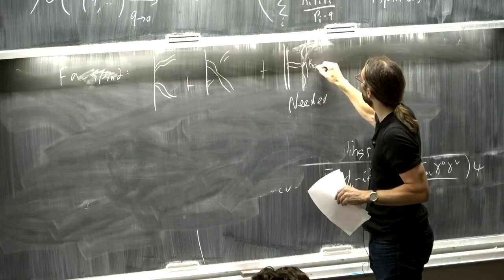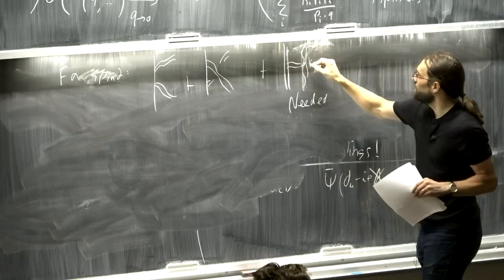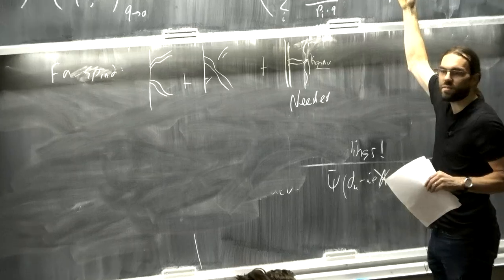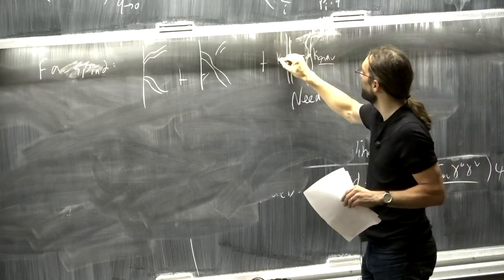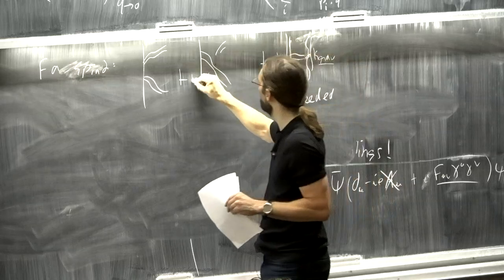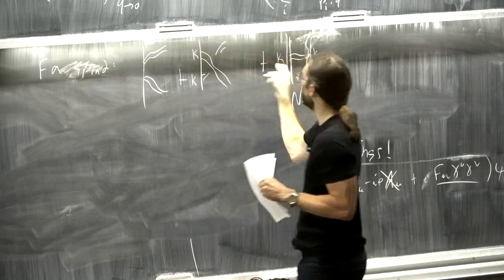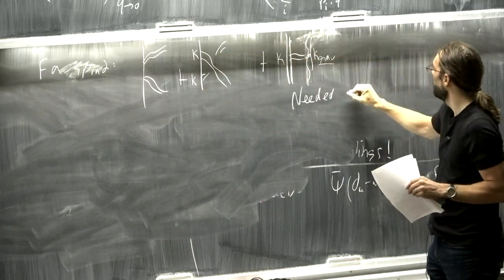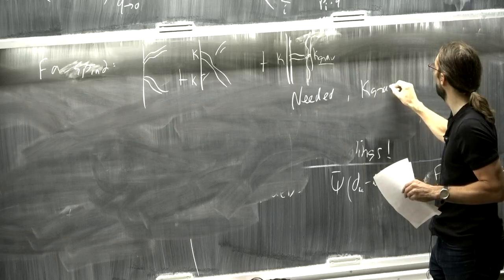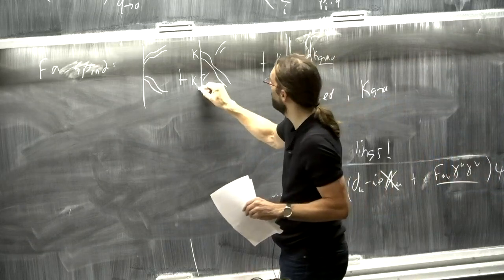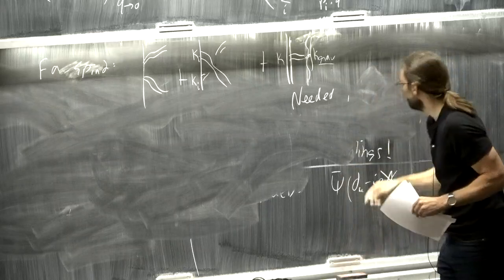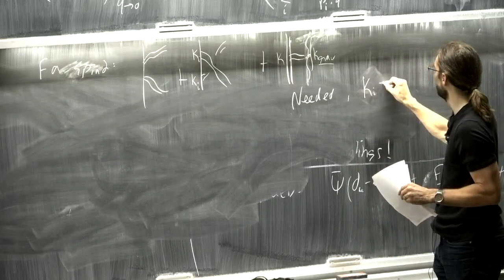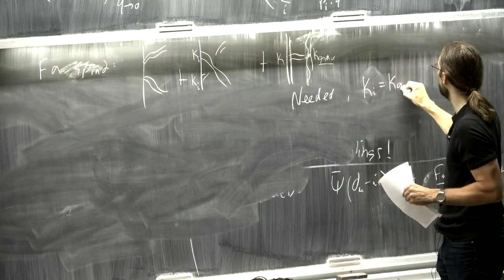And this interaction, in principle, came with some coupling. The first thing you can write down turns out to be fully symmetric, and comes with some coupling. Let's call it kappa of gravity. And in order for it to solve the problem, you also need the coupling of the graviton to matter to be the same as the coupling to gravity.